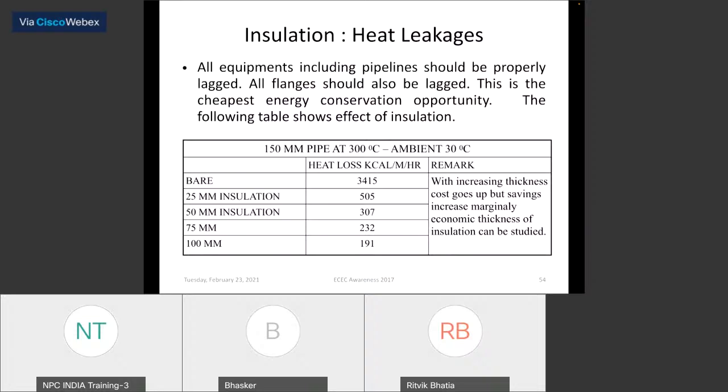See, the saving is 95%. So insulation for all the equipment, including pipelines, should be properly lagged, and all the flanges should also be lagged. This is the cheapest energy conservation opportunity, and the following table shows how effective the insulation is. You can find that the loss can be reduced to the tune of 95% in some of the cases.